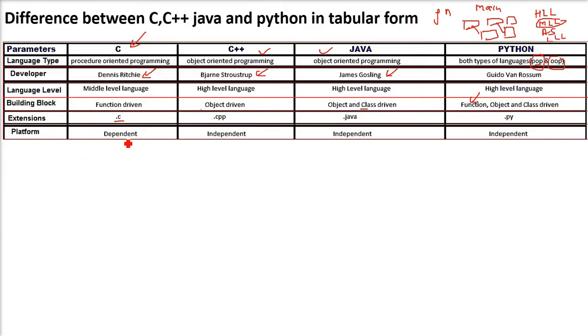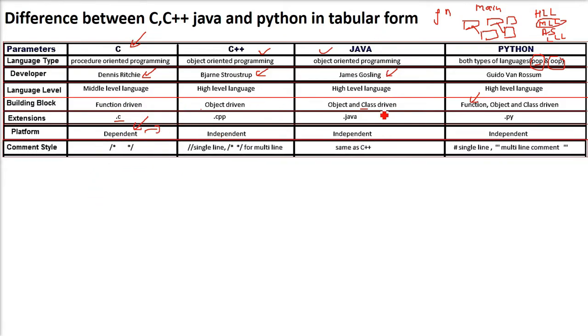Platform: C is platform dependent. Once you make the program in C, in another configuration it may work, it may not work. C++, Java, Python, they all are platform independent. You can make the program anywhere and you can port it and run in any other place. That is why Java has come in, it has bytecode. The comment style in C is /*, write the comment and end it with */. In C++, you can use this also, you can use the double slash also.